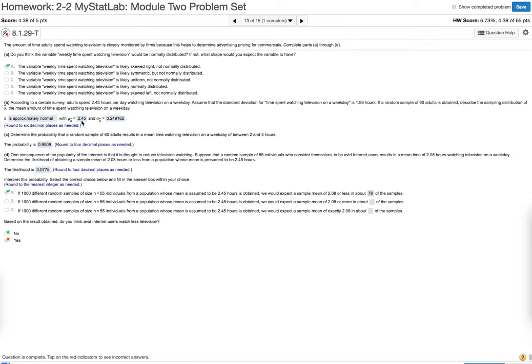So now for part C, we're asked to determine the probability that a random sample of 60 adults results in a mean time watching television on a weekday of between 2 and 3 hours. So here we need to find this probability. So what we can do is go into StatCrunch.